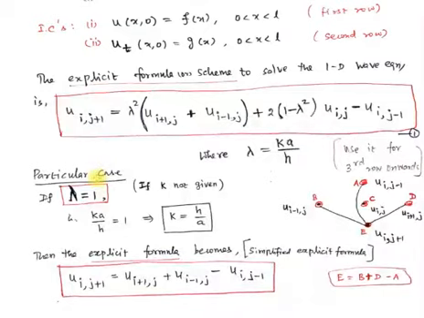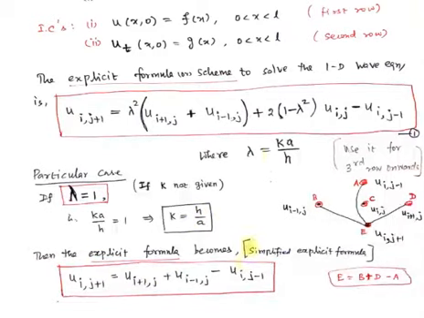As a particular case, if k is not given, we choose λ = 1. So ka/h = 1, so k = h/a.